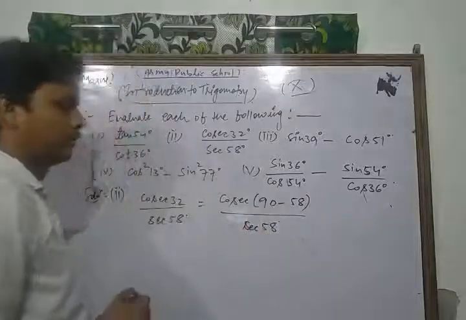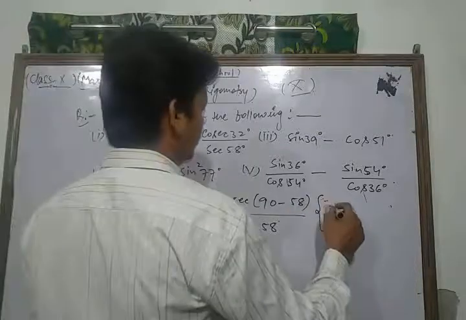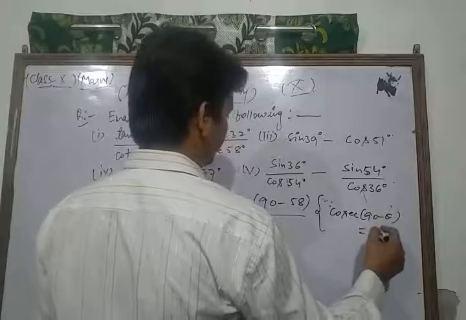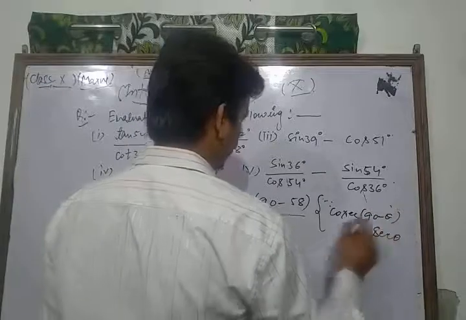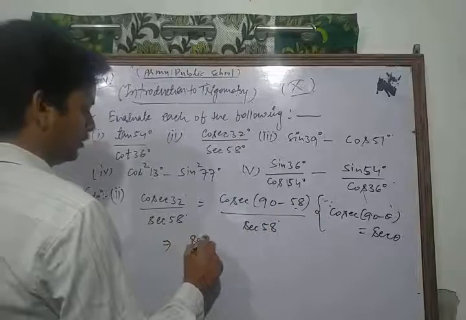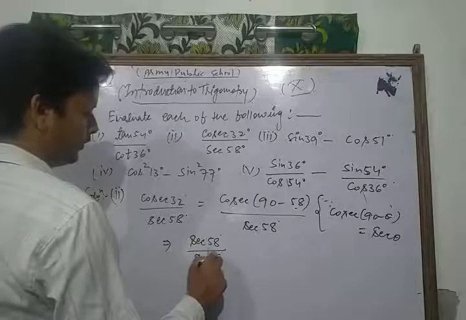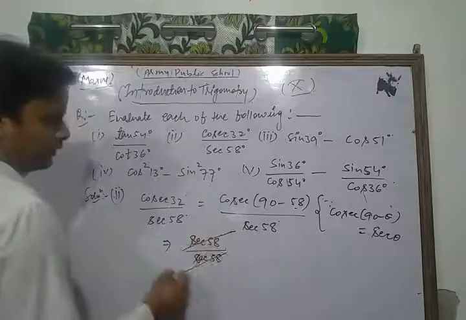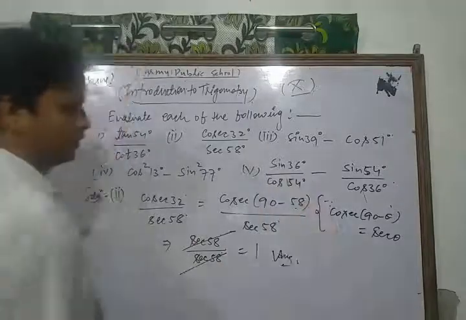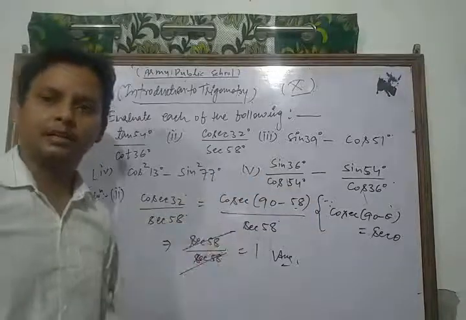Since we know that cosec 90 minus theta is sec theta, here theta is 58 degree, so we can write sec 58 degree upon sec 58 degree as it is. Now sec 58 cancel to each other. So we get 1. This is the required solution. In this way you use and apply those formulas.